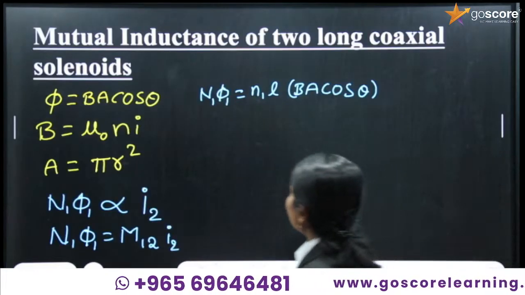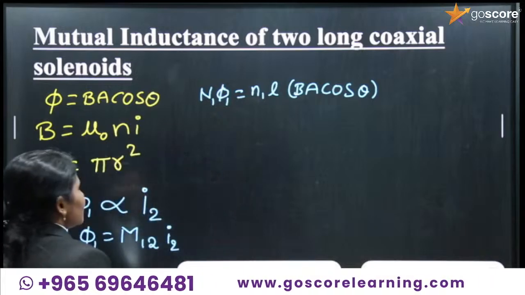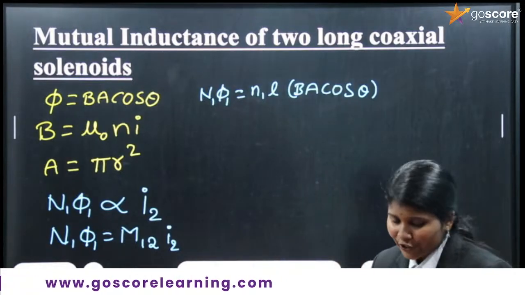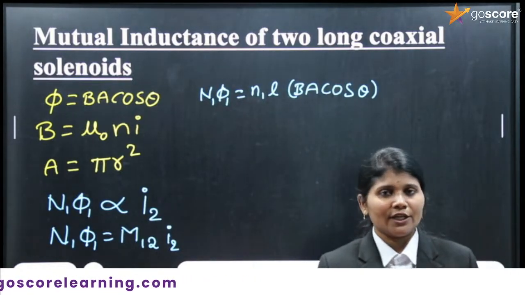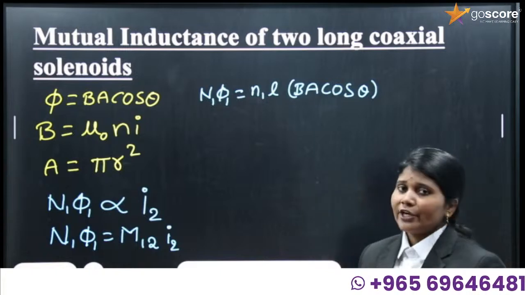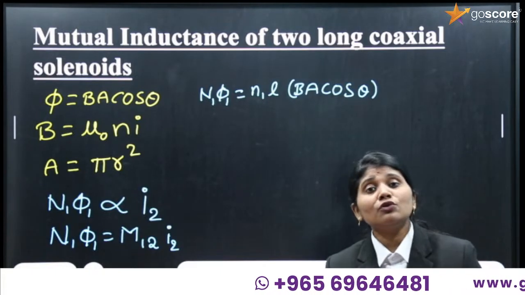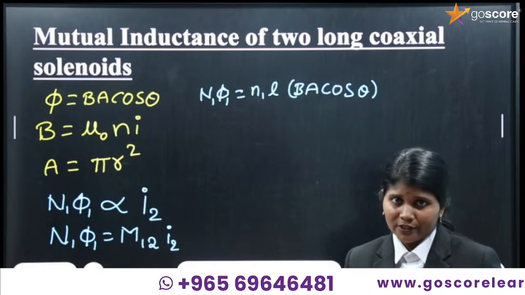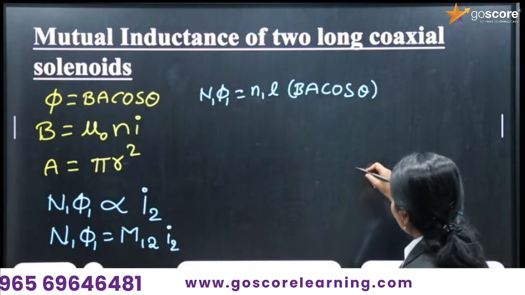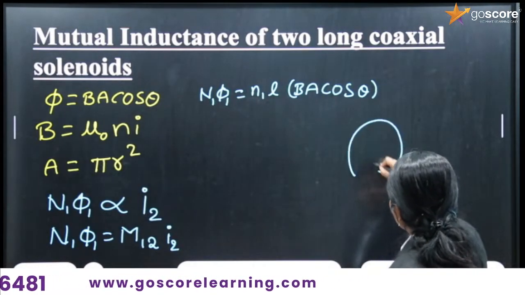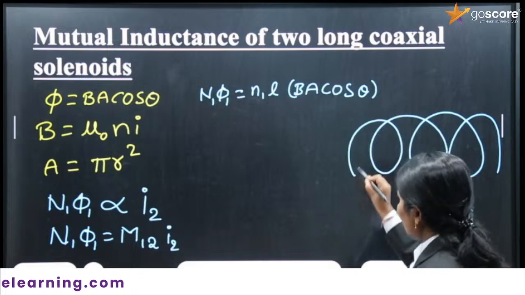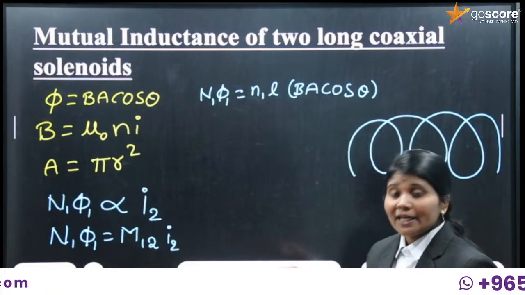Next one. Mutual inductance of two long coaxial solenoids. What is the shape of a solenoid? Circular shape. Here we are taking two long coaxial solenoids, and we will find out their mutual inductance. Simple, guys. I am taking one solenoid, circular in shape, and inside it I am taking another solenoid.